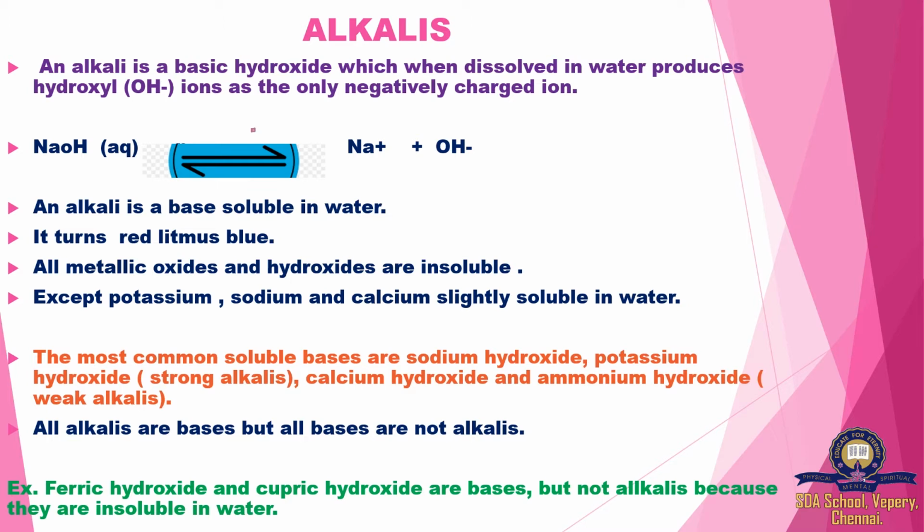Calcium hydroxide and ammonium hydroxide are weak bases. All alkalis are bases, but not all bases are alkalis. For example, ferric hydroxide and cupric hydroxide are bases but not alkalis because they are insoluble in water.